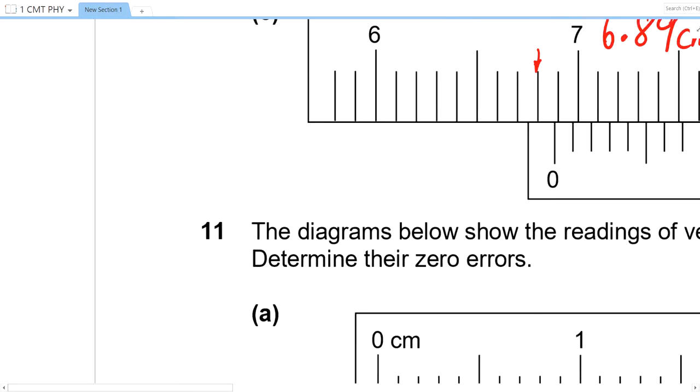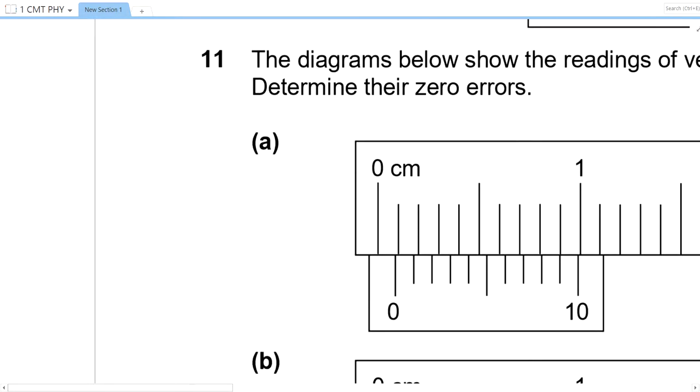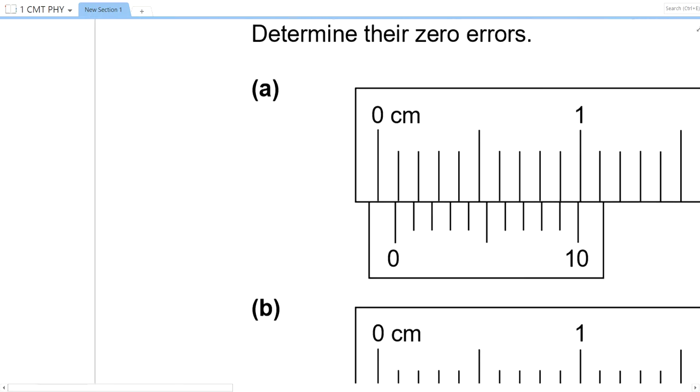Okay, do I have that in question 11? No, the vernier scale is slightly to the right. That means it is telling me that there is something there. But is it correct? No, there's nothing there. It should have been 0, 0. Instead, it is giving me a reading of, what is this reading?